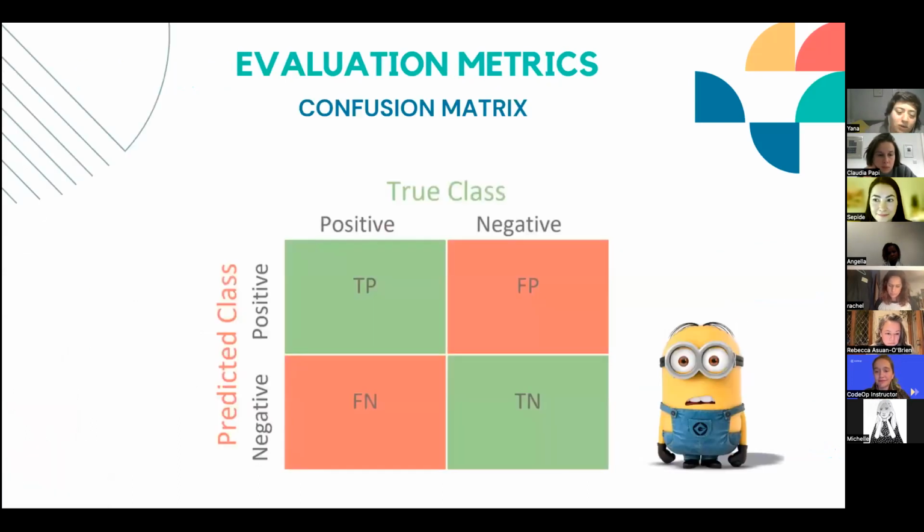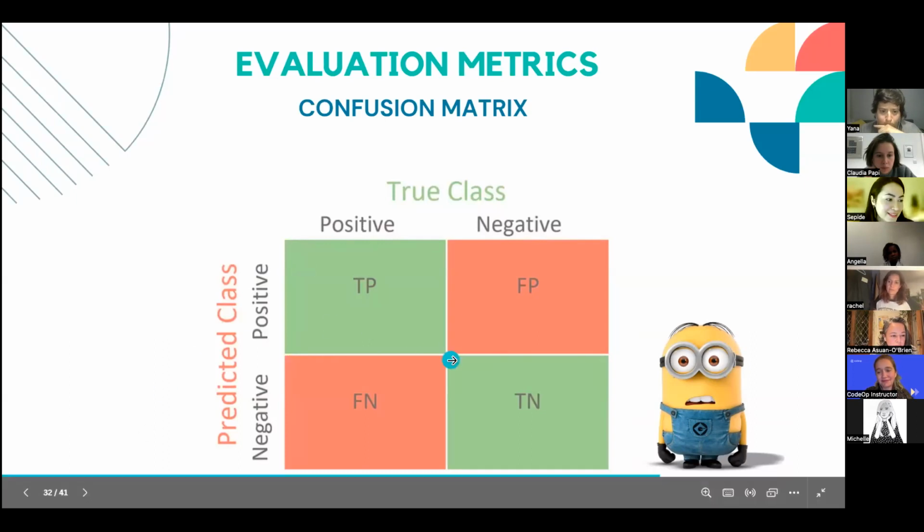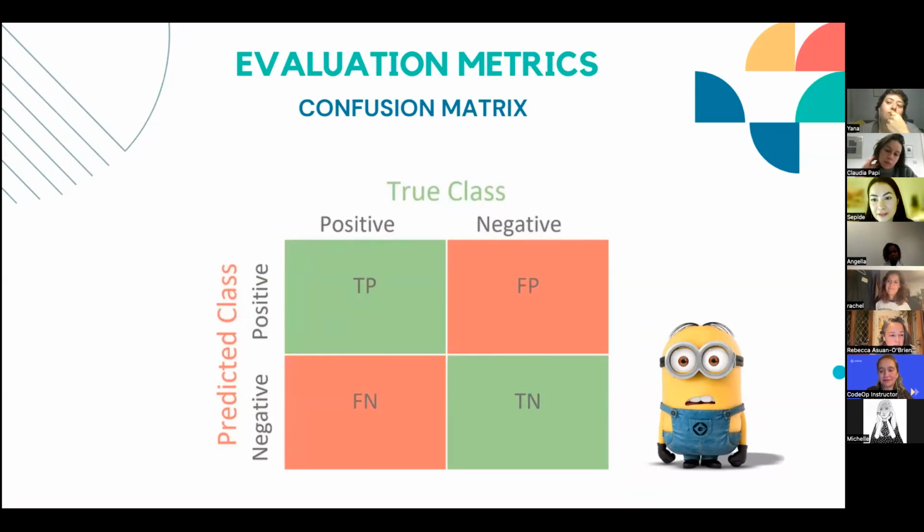Yes, so now Seppi will talk about some evaluation metrics. Yes, in order to see how well our machine learning models performed, we had to use evaluation metrics. And we chose to use confusion matrix. So confusion matrix, as you can see, is a table that shows the actual values versus predicted values predicted by our machine learning.